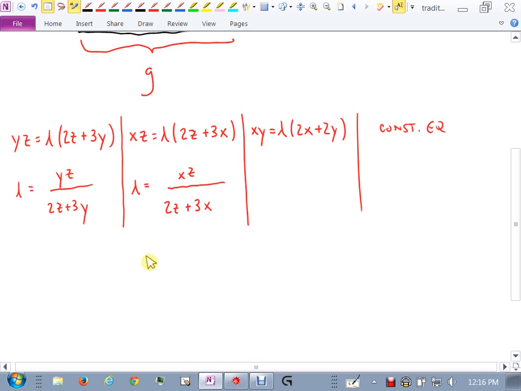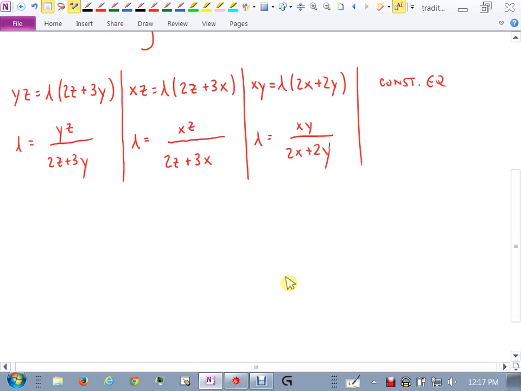Therefore, this is okay. Lambda is xy over 2x plus 2y. Set any of these equal to each other. So let's try equation 1 equal to equation 2. What I mean by that is I'm setting this lambda to this lambda.